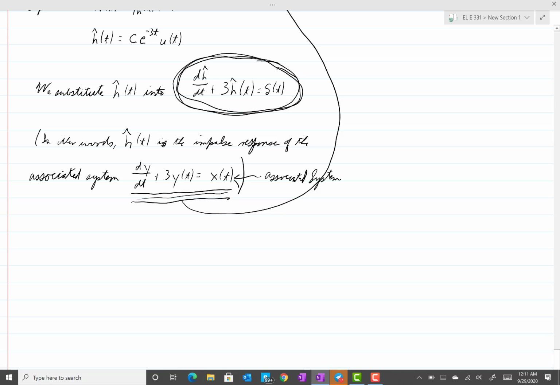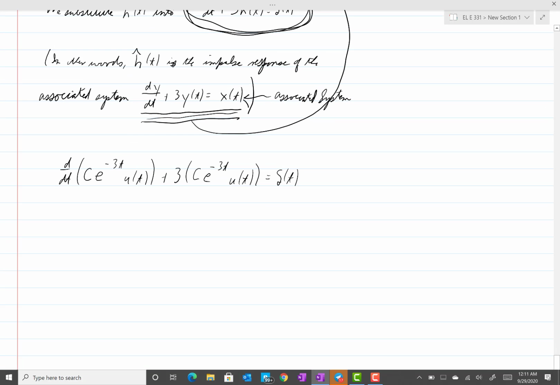So let's go ahead and plug in and see what happens. We have d/dt of h hat, which is c e to the minus 3t u of t, plus 3 times c e to the minus 3t u of t, equals delta of t.